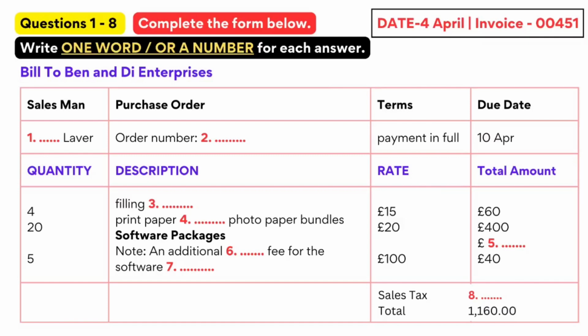And Rome said we could do a deal on the software packages, isn't that right? Yes. Seeing as you bought 5 at once, we'll reduce the unit price to £100 from £120, leaving us with a total amount of £500. I needn't remind you that there is an additional fixed charge totalling £40 specifically for the software installation. Of course.